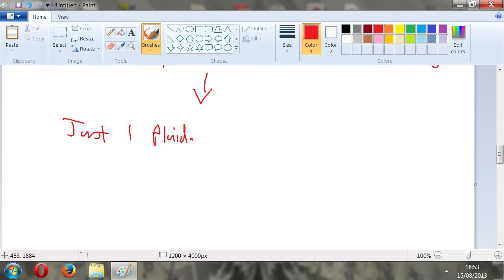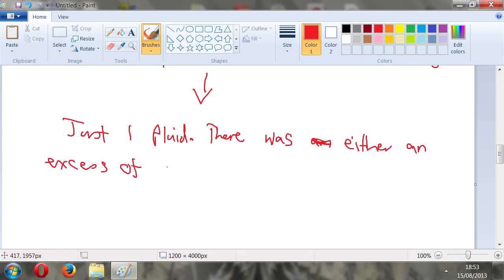Well, obviously, there's a lot more to the story than this. But the idea was that there's just one fluid, and depending on the attraction or the repulsion, there was either an excess of fluid or a deficiency.